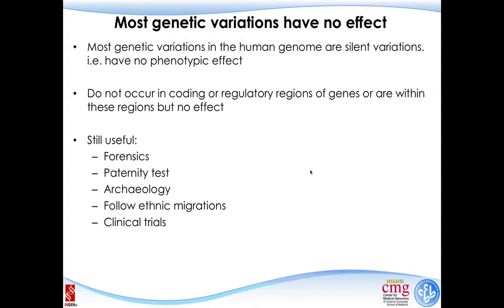Some of them can also be used as biomarkers to select patients in clinical trials. So even though they are not phenotypically or mechanistically changing the functions of the genes, they can still be very much useful.